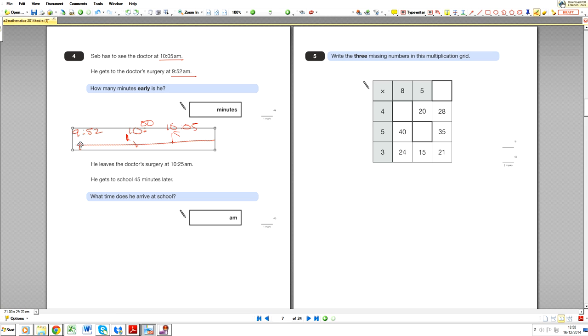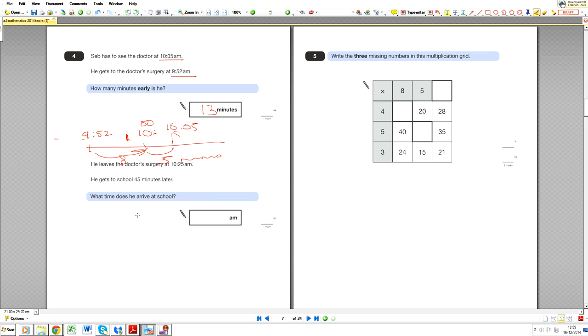So for 9:52, 10 o'clock is 8 minutes. So from 10, that's going to be 8 minutes. There to there is 5 minutes. So 8 and 5 will give us a total of 13.